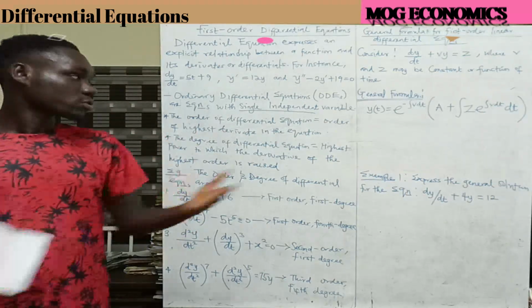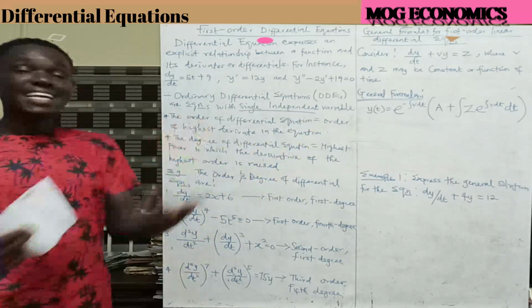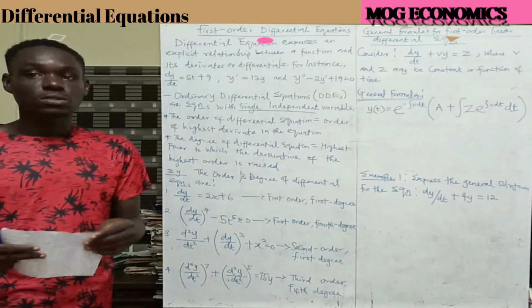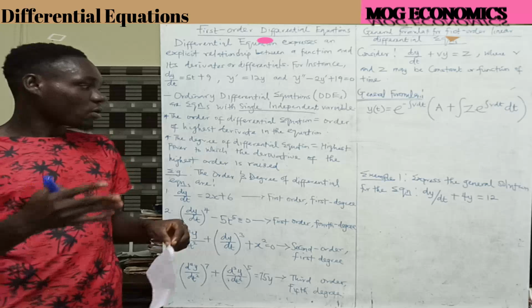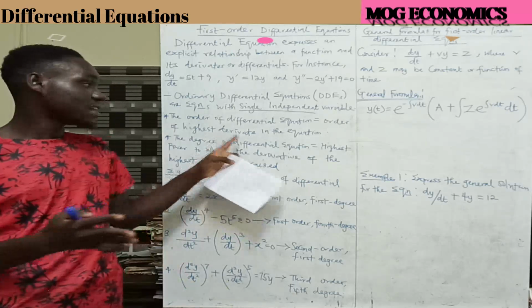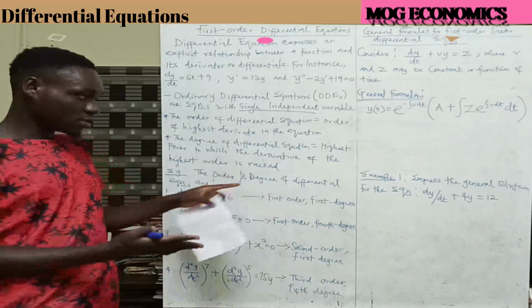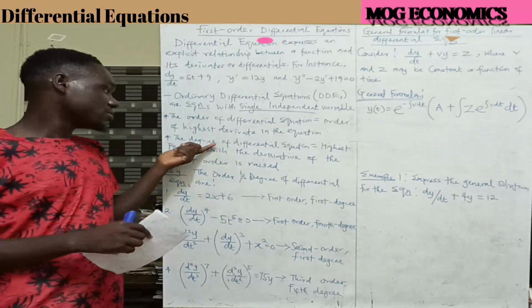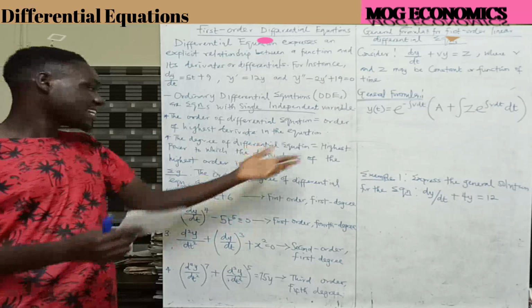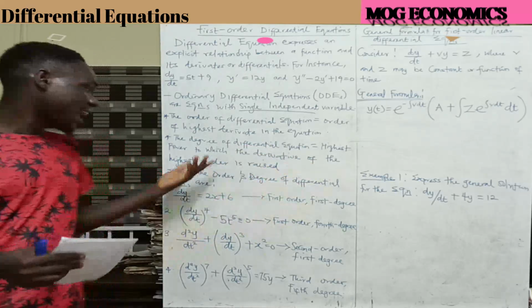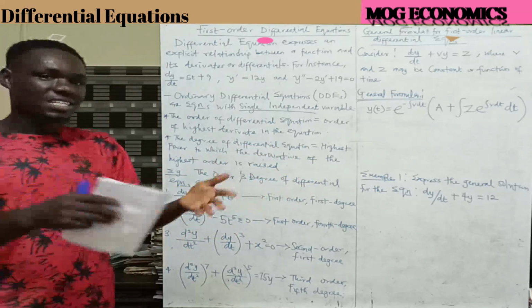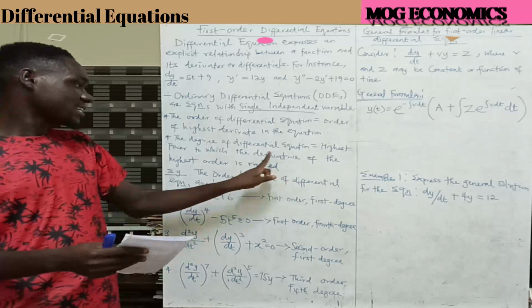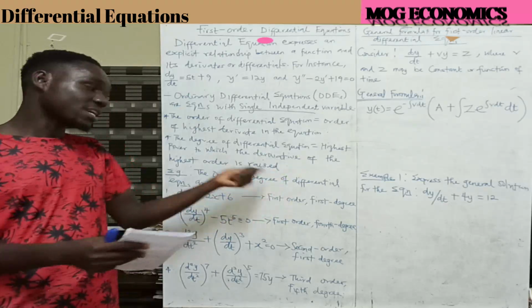The order of a differential equation simply is the order of the highest derivative in the equation. Don't worry, very soon you will understand what we mean by that. Now the degree is the highest power to which the derivative of the highest order is raised.